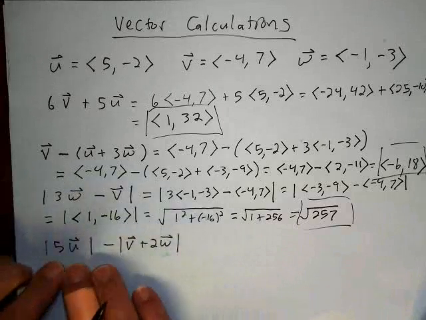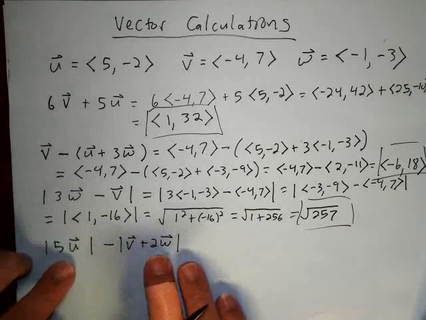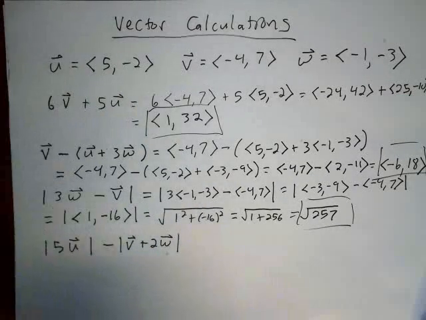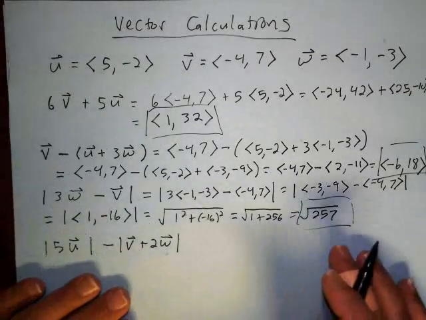Notice here I'm going to be finding these two vectors, then taking the magnitude of each, and then subtracting the magnitudes. So again, I'm going to get a number.